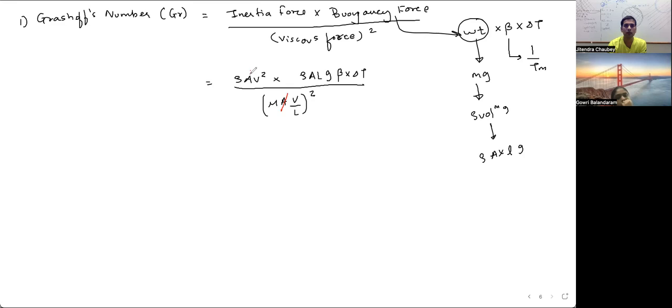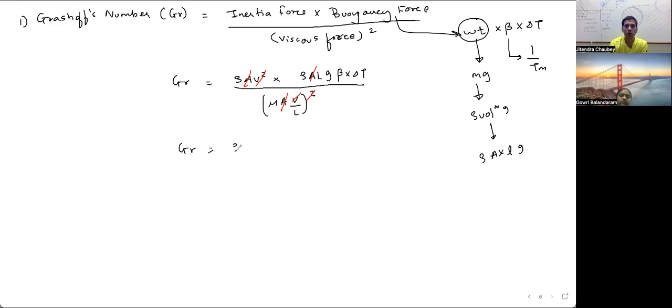Area would get cancelled out. It is square over here, so they get cancelled out. Even velocity looks like it is getting cancelled out. Let us simplify the rest.